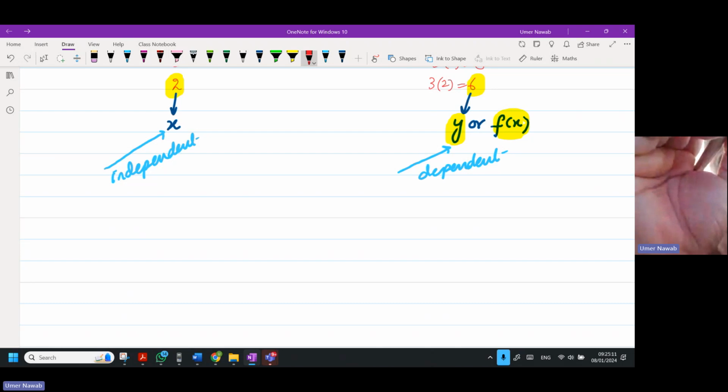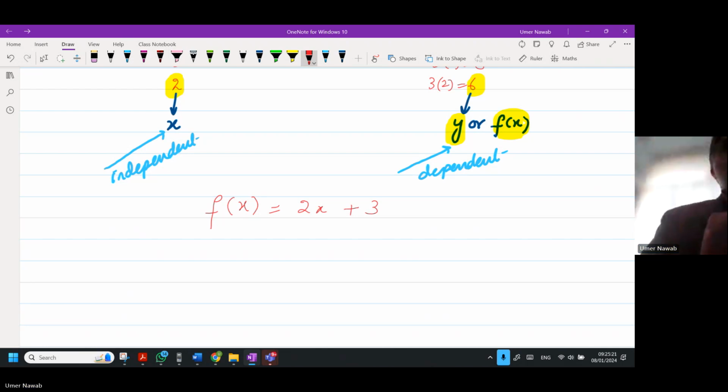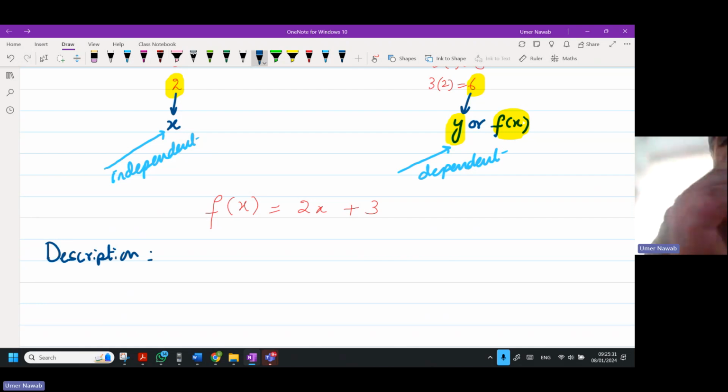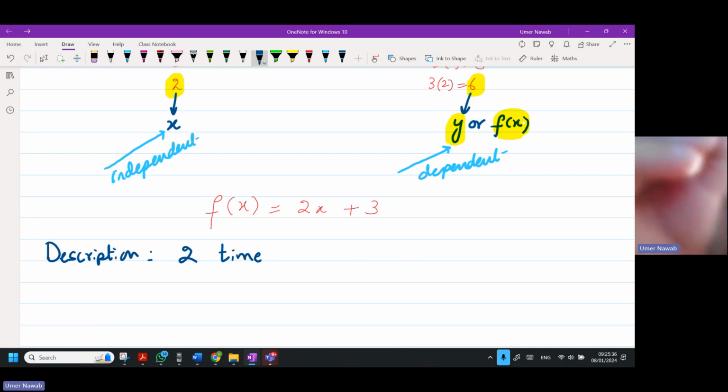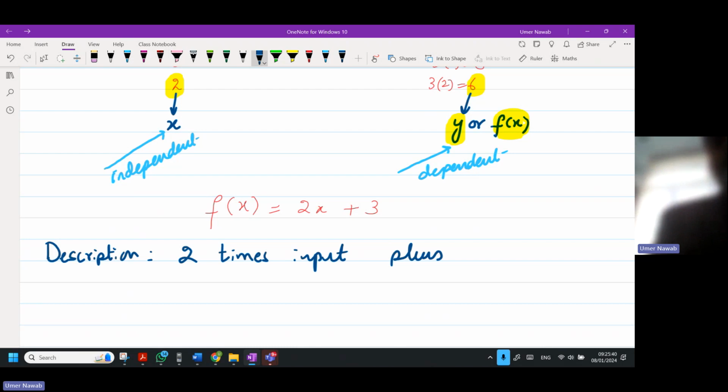Now, how to write a rule mathematically? This rule is called a function, as I said in the beginning. So in mathematics, we write f of x is equal to 2x plus 3. Now, I want to describe this function. The description of this function is 2 times input, then plus 3.